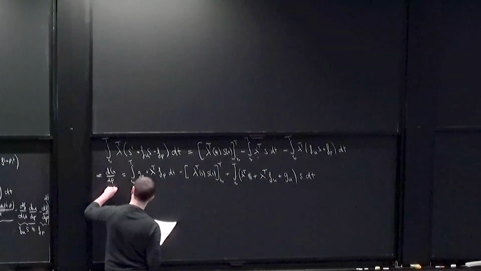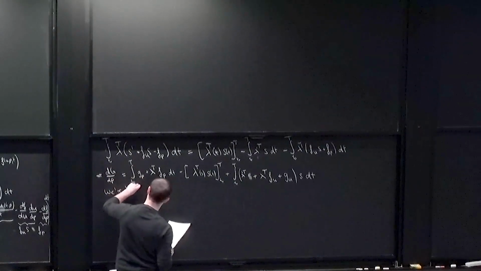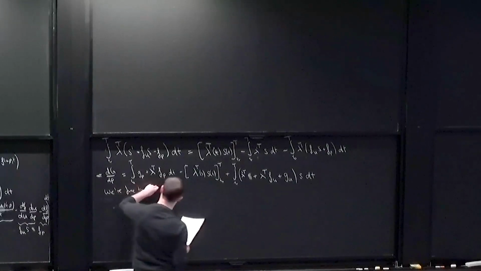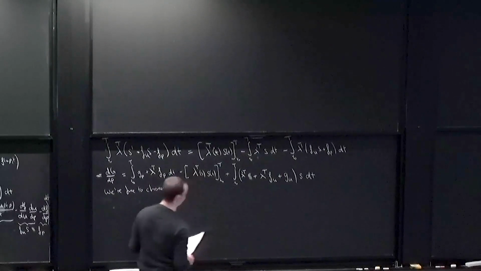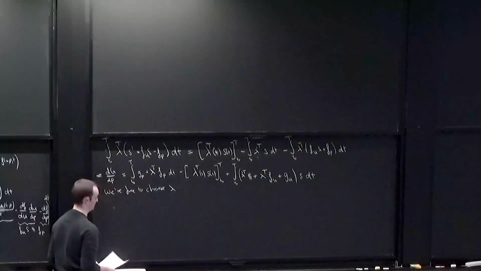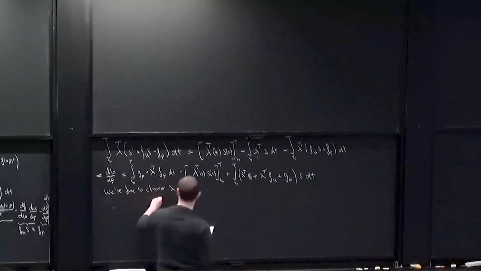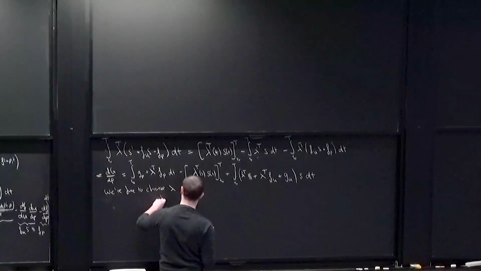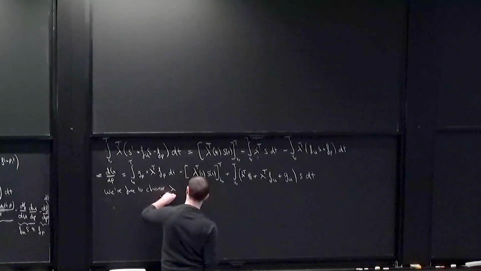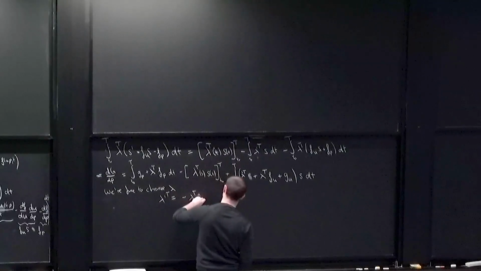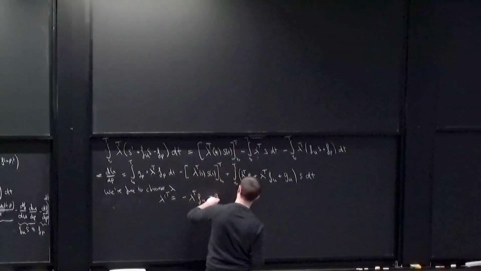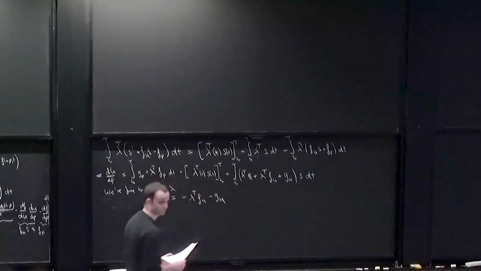Yeah. So we're free to choose lambda. So we can choose lambda to be whatever we want. So why don't we take basically the choice lambda prime of t is equal to minus lambda t fu minus gu, right?